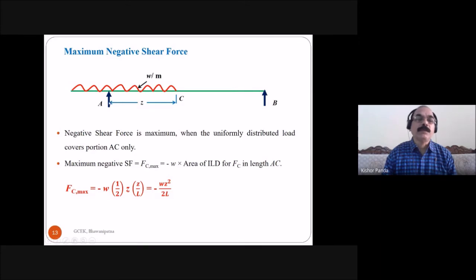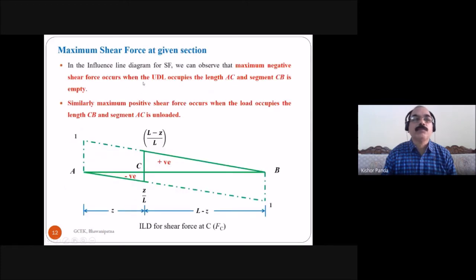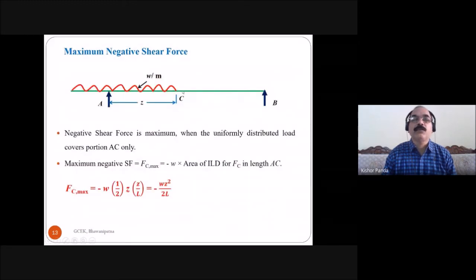Maximum negative shear force occurs when the UDL occupies the length AC and segment CB is empty. When the UDL covers portion AC only, you will get the maximum negative shear force.